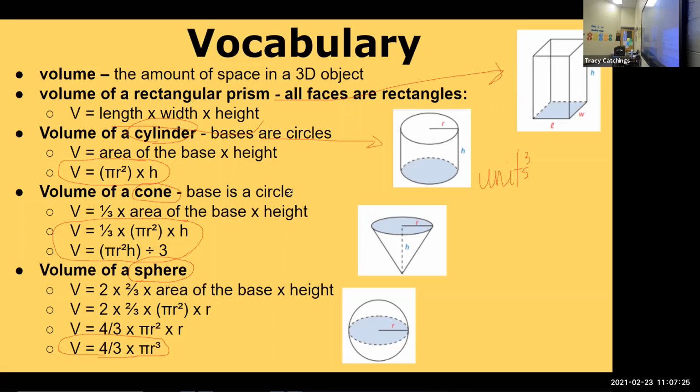I'm gonna give you about a minute or so, get those formulas, make sure you label them so you will know which is which. Yeah, pi.